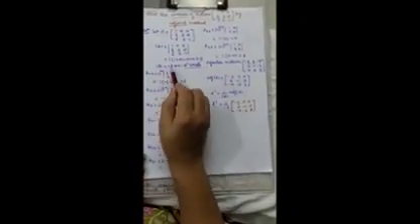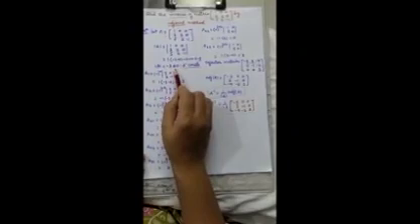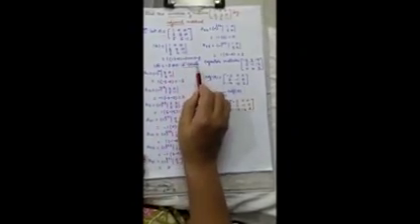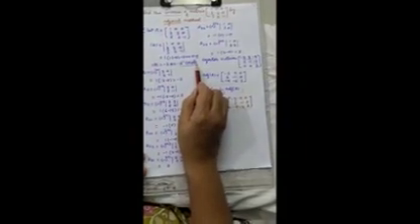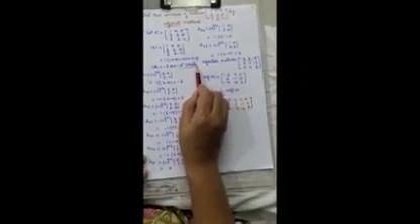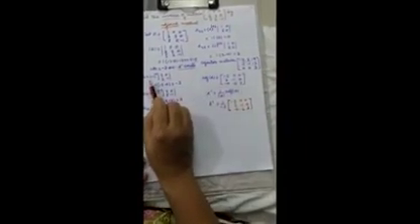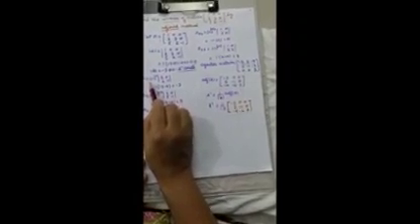Since the determinant value is minus 3, which is not equal to 0, therefore A inverse exists. If A inverse exists, then go for finding out the adjoint.